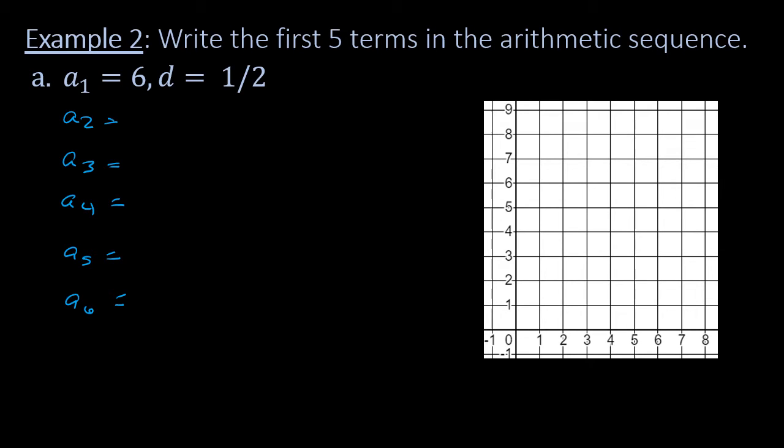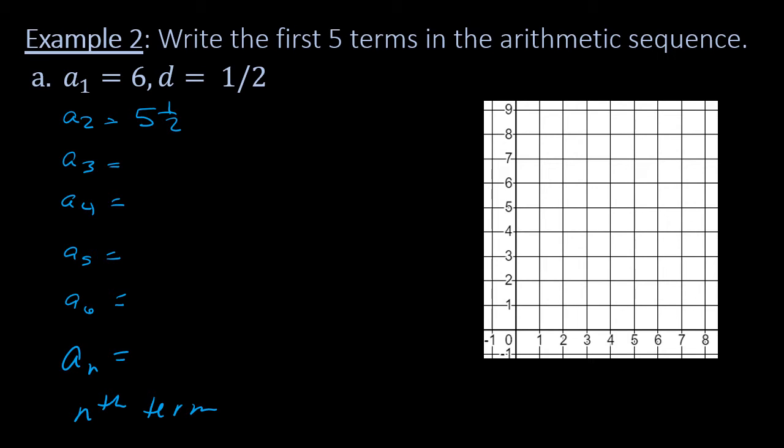We won't always write it like this, but I want you to get into the habit of knowing that a sub n is representing the nth term of the list. So a sub 2, if I have the number 6 and the common difference is 1/2, that means for my next term, I'm going to subtract 1/2. So if I take 6 and subtract 1/2, my next term is going to be 5/2.